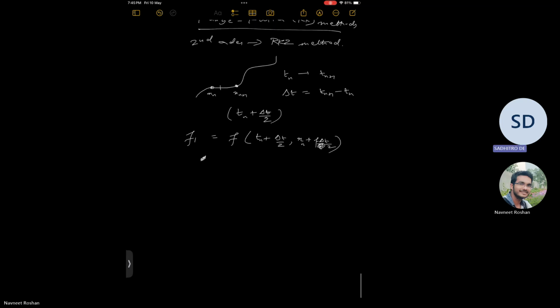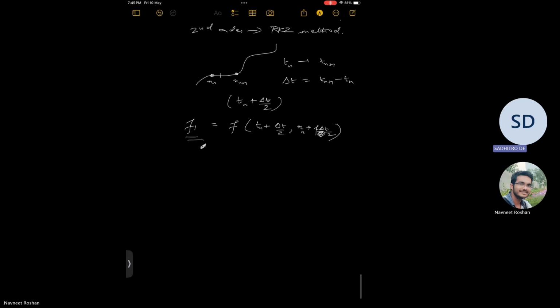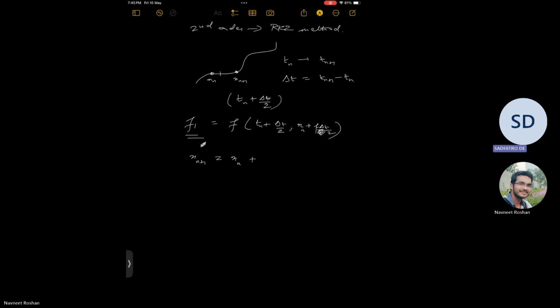And then once it finds this temporary solution, it calculates the value of x at n plus 1 as xn plus this temporary solution times delta t. So this is how the RK2 method operates.